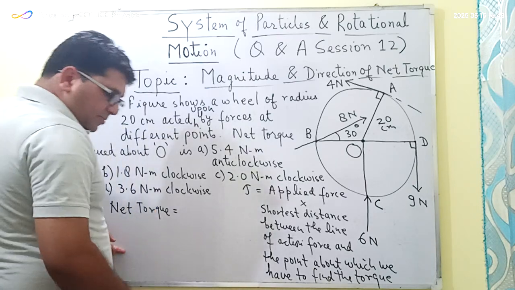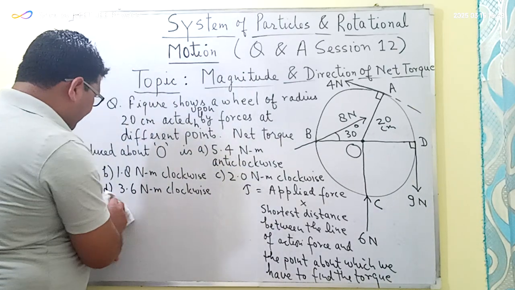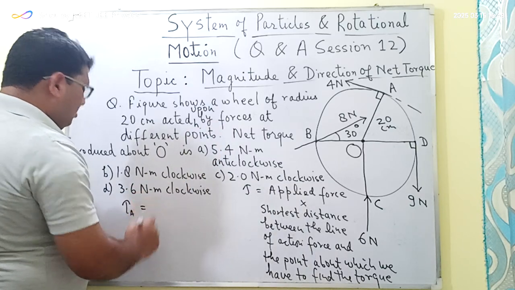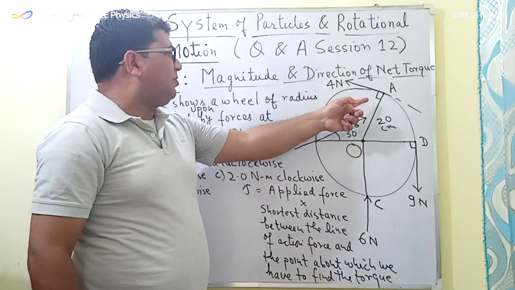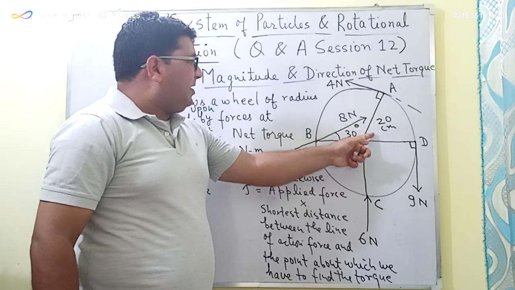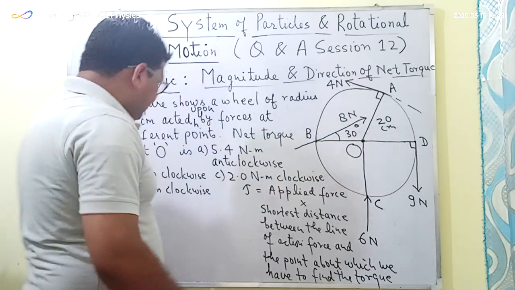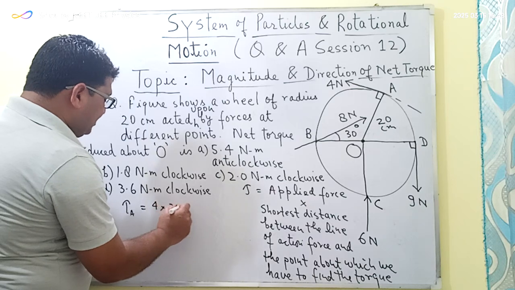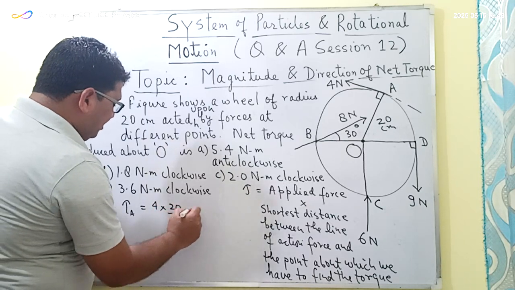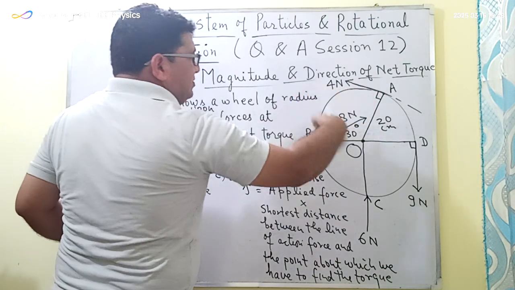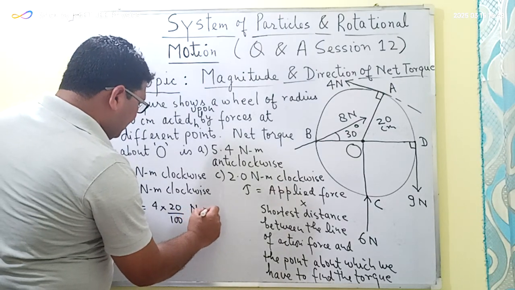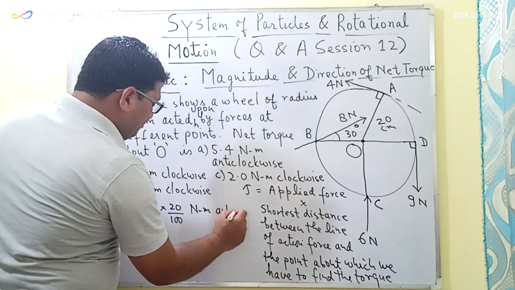The torque due to the force at point A will be equal to 4 Newton multiplied by 20 centimeter, that is 4 into 20 by 100 meter, and the direction of this torque will be anti-clockwise.